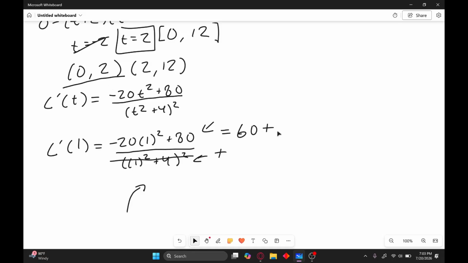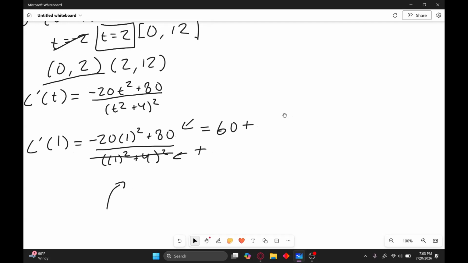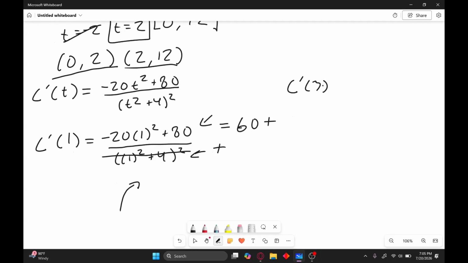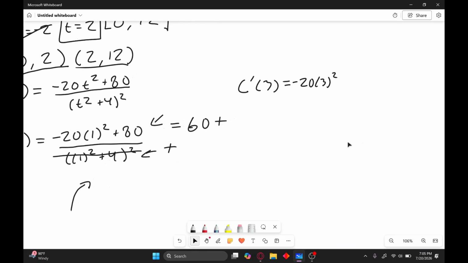So now if we did the same thing for the interval 2 to 12, we can plug in a 3, and that would give us negative 20 times 3 squared plus 80. Now we can completely omit the bottom part because that's always going to be positive. And this gives us negative 20 times 9 plus 80.